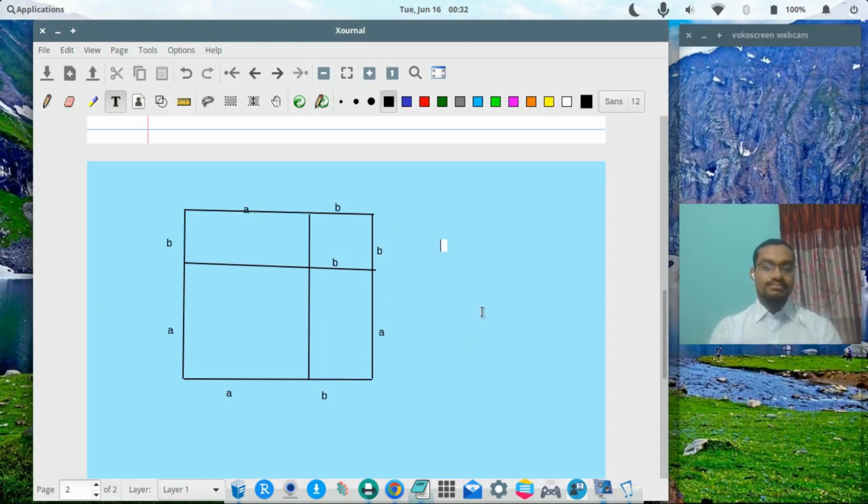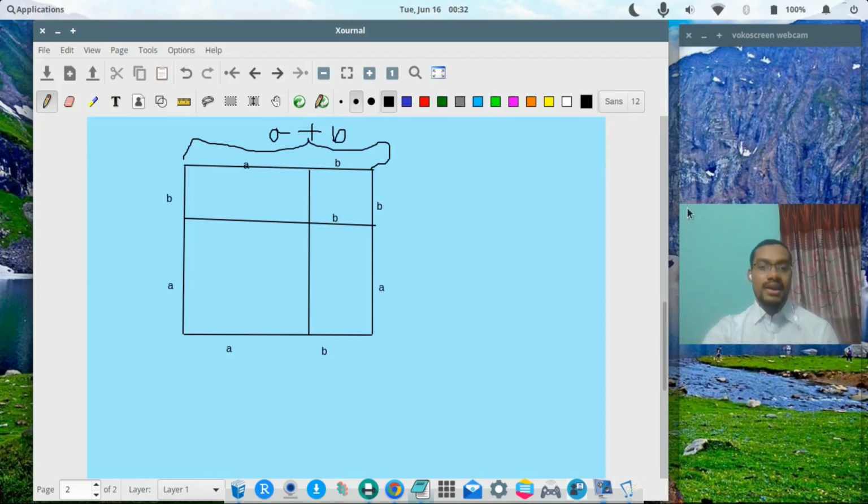Now what is the area of this whole square before we split it up? The answer is simple. The length of this entire side is a + b.